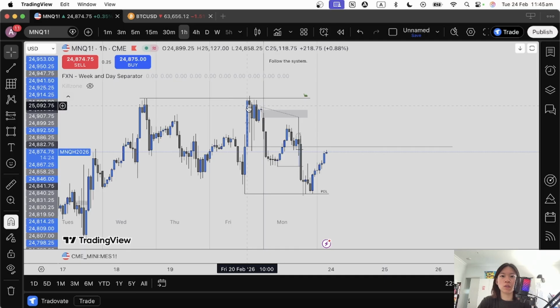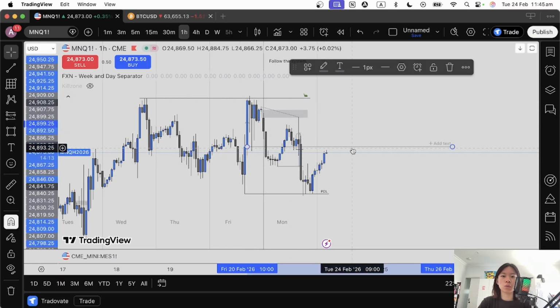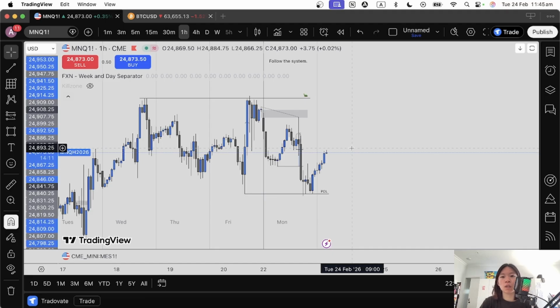But on the H1, it is still part of a bullish range. So it can easily be a retracement into this range and then just continue going upwards. That's why I didn't want to be too married to my bias. So I didn't really feel like I needed to take a trade.